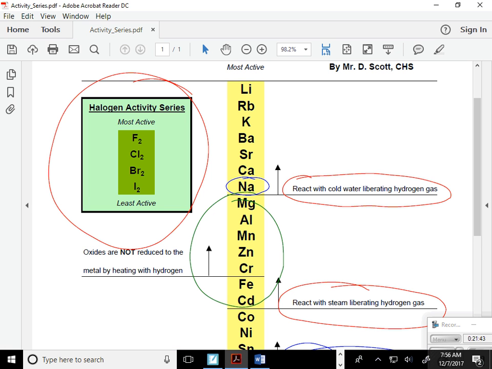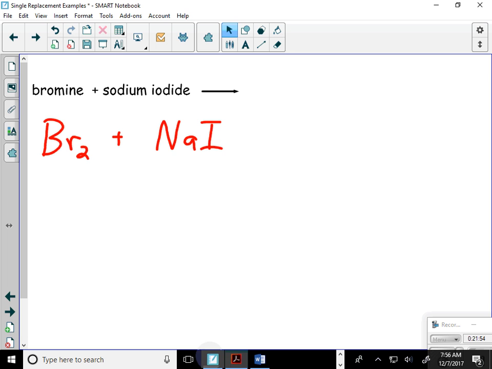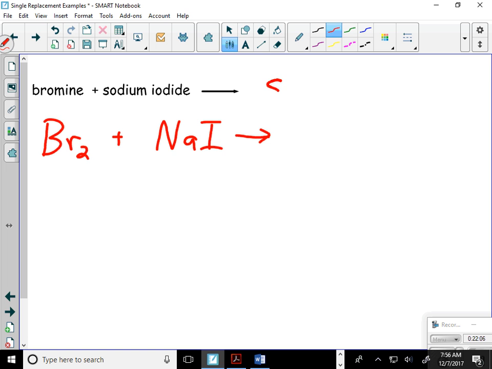I look on my series. Is bromine capable of replacing iodine? Yes, it is higher up. So will this reaction occur? Yes. So what I am going to get is a salt, a new salt, and a different halogen.